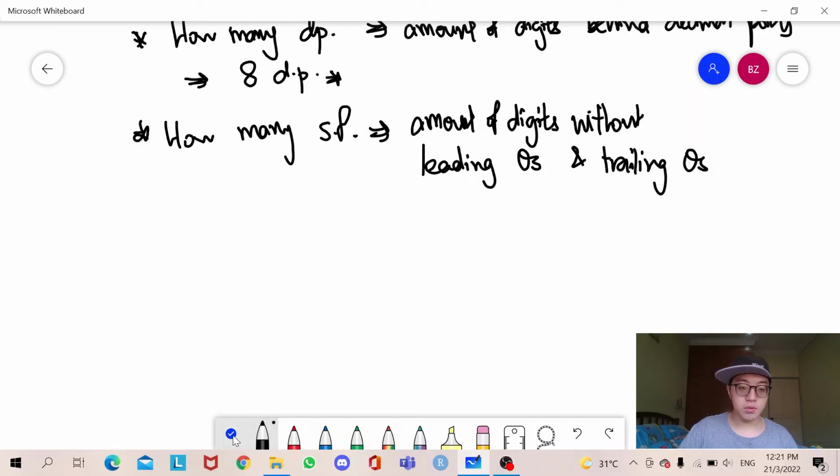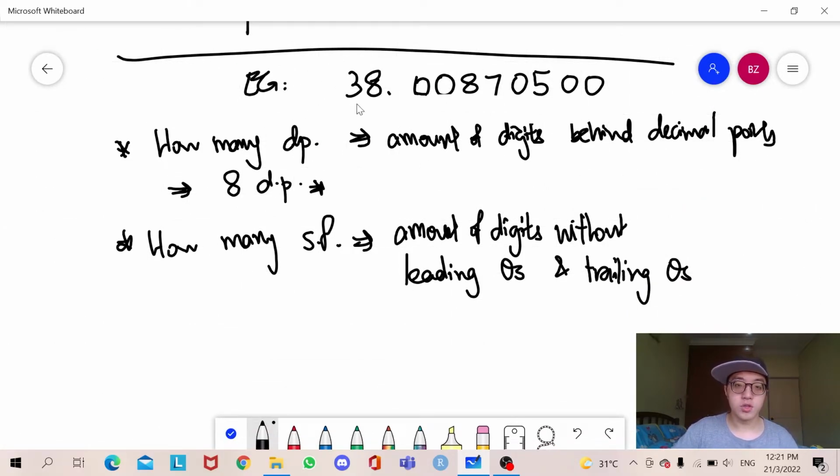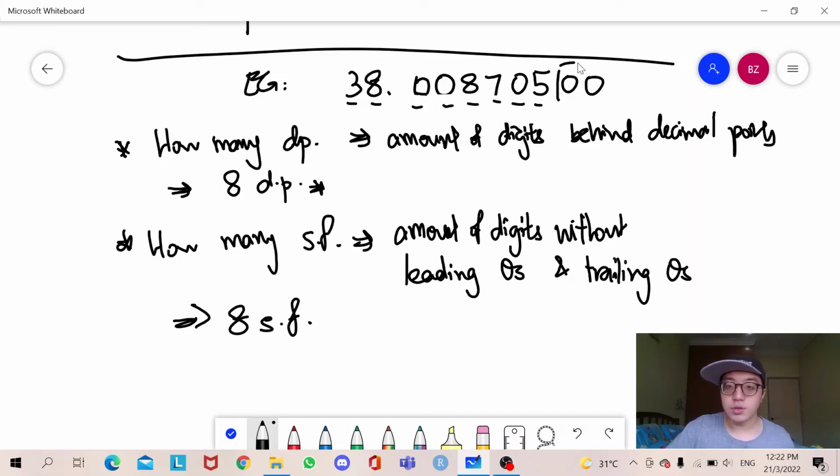What is the example here? We can see from the one above, there are no leading zeros, so we calculate from here onwards: 1, 2. Trailing zeros are the zeros at the back, so we count the zeros in the middle: 3, 4, 5, 6, 7, and 8. So this number contains a total of 8 significant figures. These are trailing zeros.